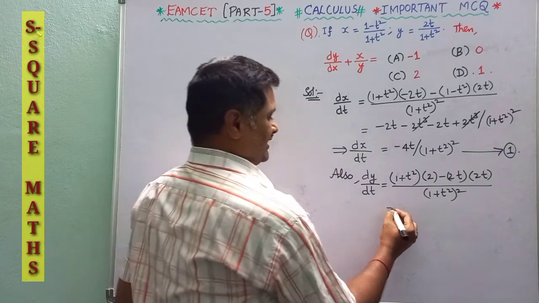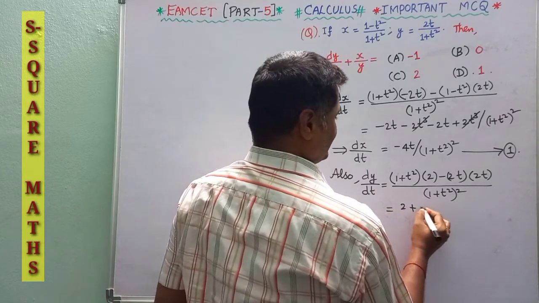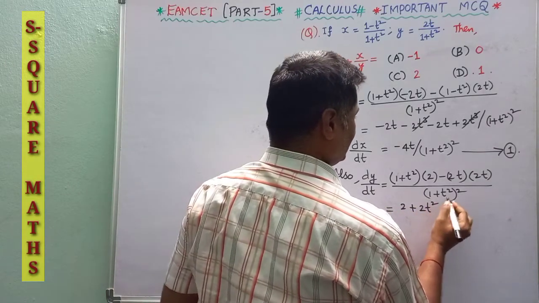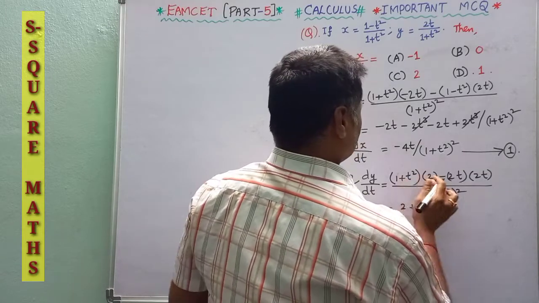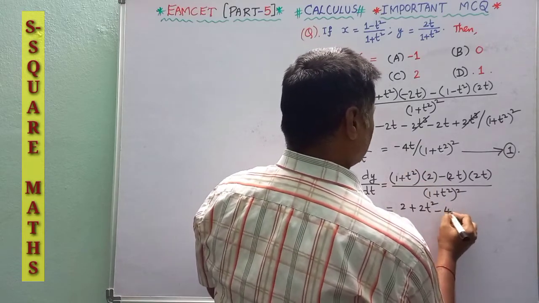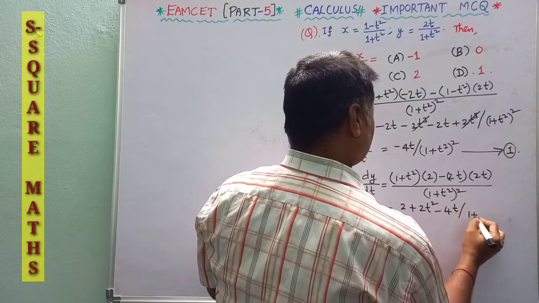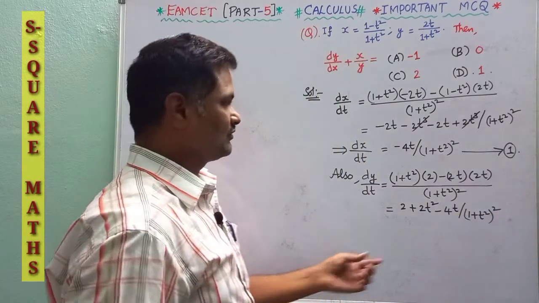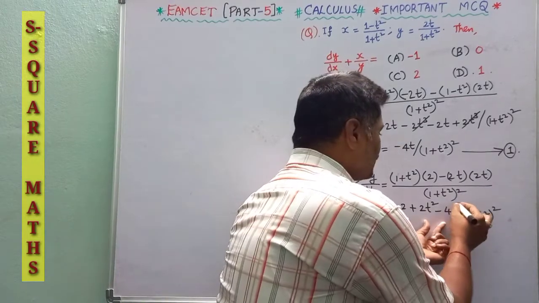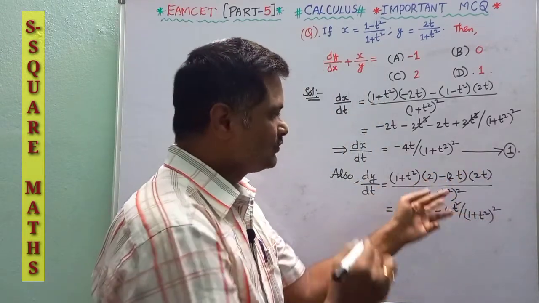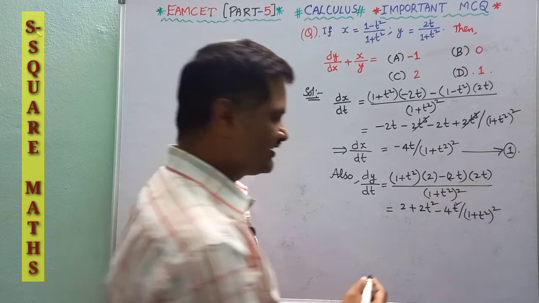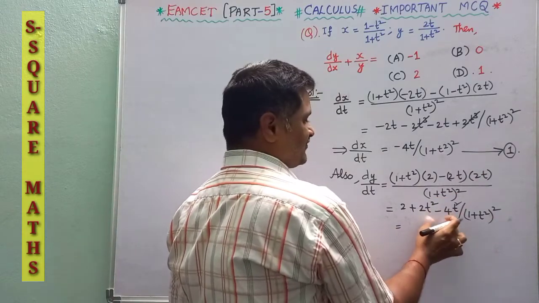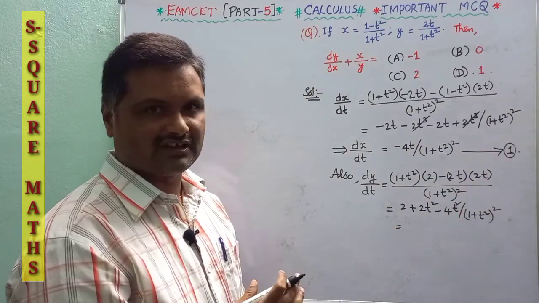Again multiply term by term. So 2 plus 2t square minus 4t square by (1 plus t square) the whole square. Here 2 into 2t, that is 4t, into t is t square. The like terms are 2t square and 4t square.